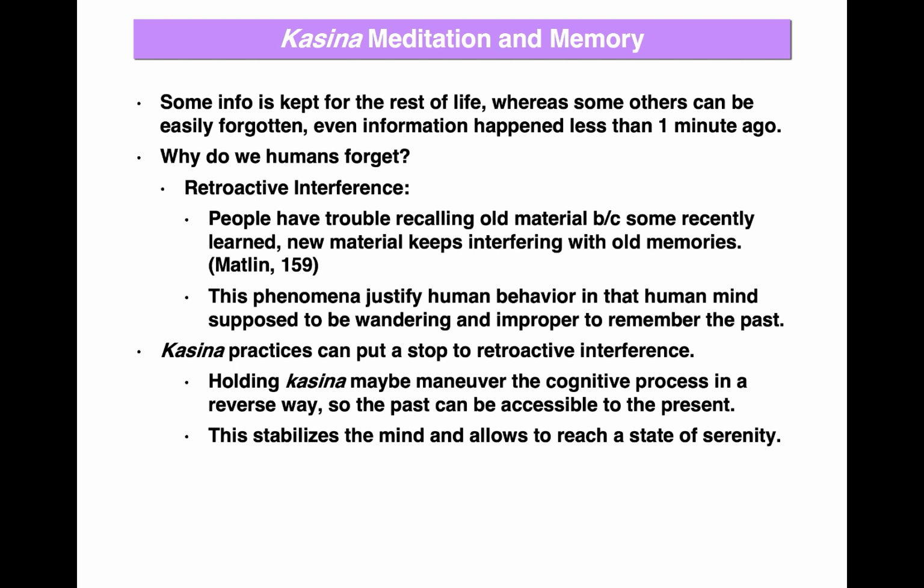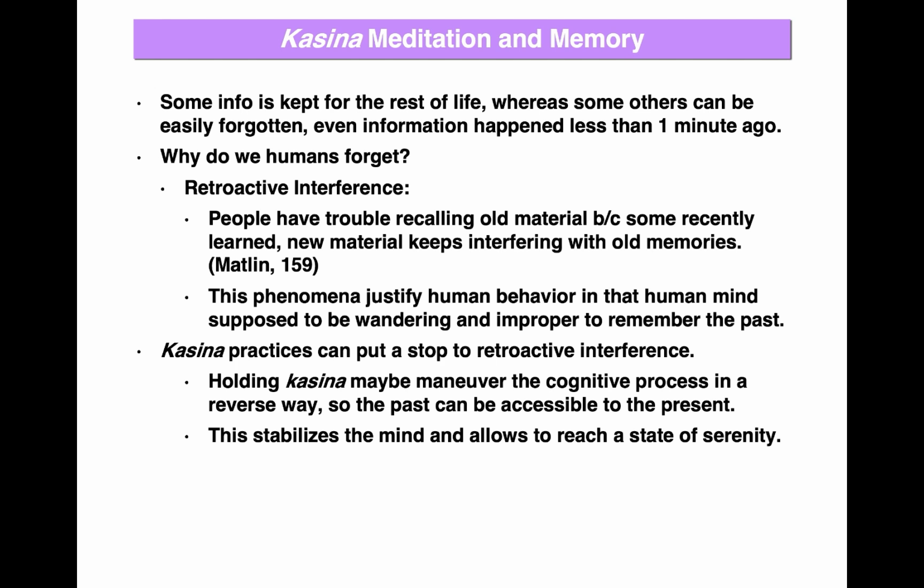But some information from when you were young, you still hold. Why do humans forget? Because of retroactive interference. Retroactive interference means people have trouble recalling old material because recently learned new material keeps interfering with old memory.